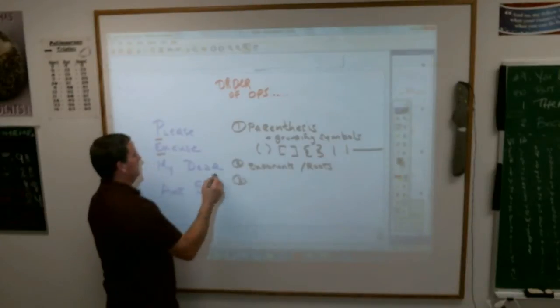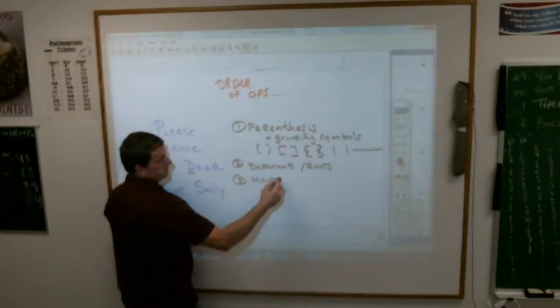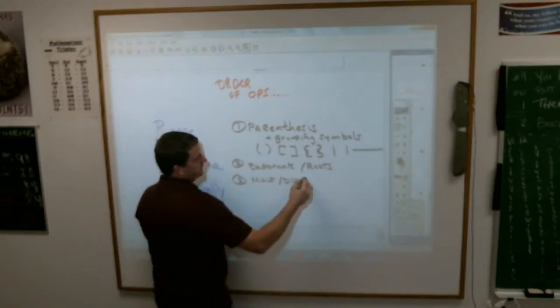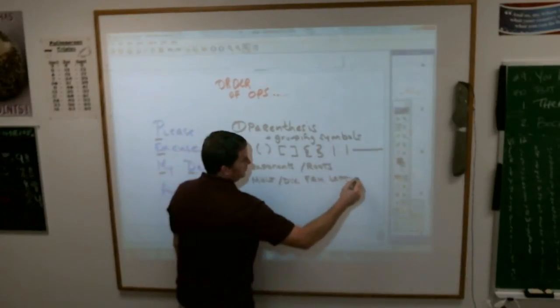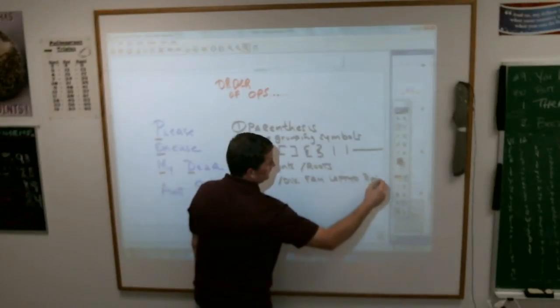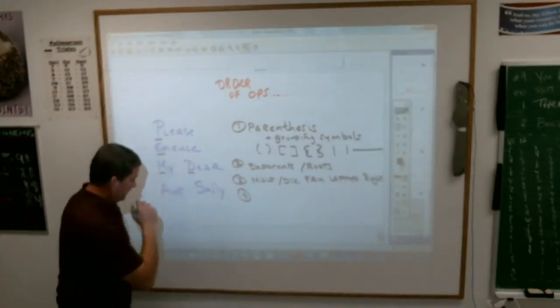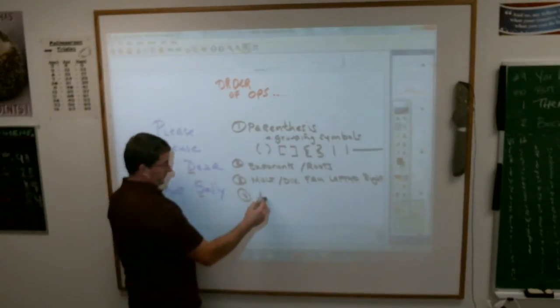Level 3 is multiplication and division. And make sure you write when you do that from left to right. And the very last thing you do ever is to add and subtract from left to right.